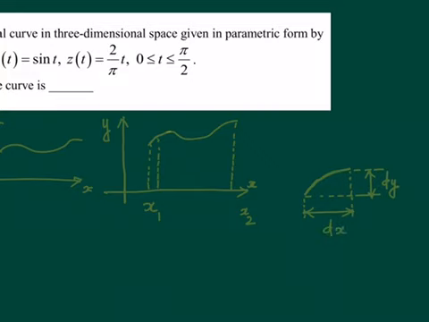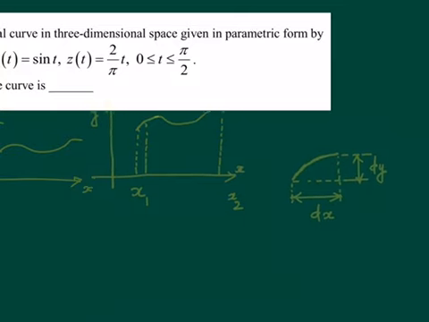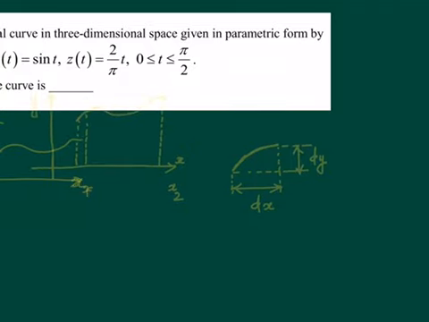Now the length of this particular curve can be approximated. This is curved, but since the change in x is so small and the change in y is so small, the curve length at that portion can be approximated using Pythagoras theorem.